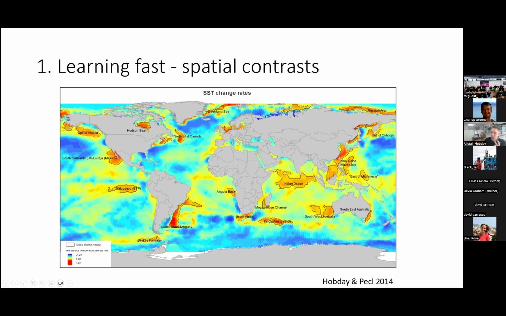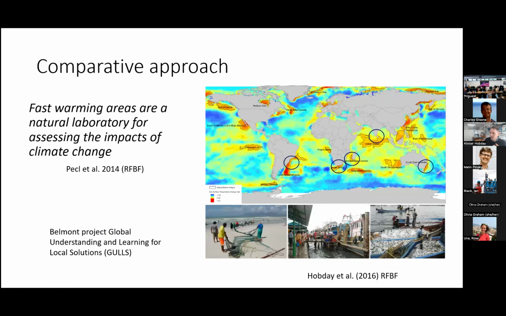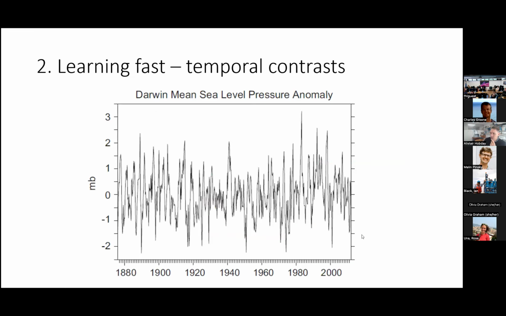Those are three spots where people who have become very prominent in marine heat wave research got their start. And that's because they're working in these very fast warming areas where you had to pay attention to rapid temperature changes. This comparative approach then lets you look across and use variation across the planet to understand and learn faster. The second way to learn faster is through temporal contrasts.